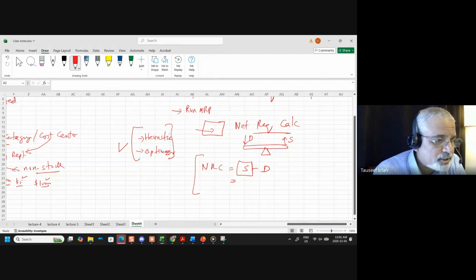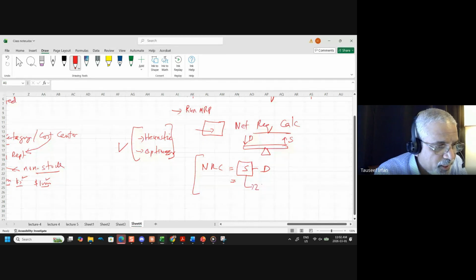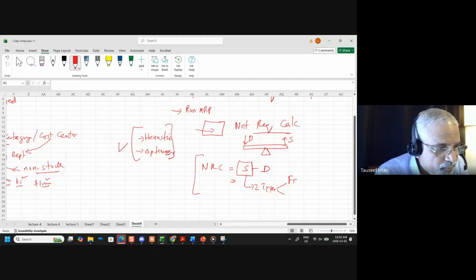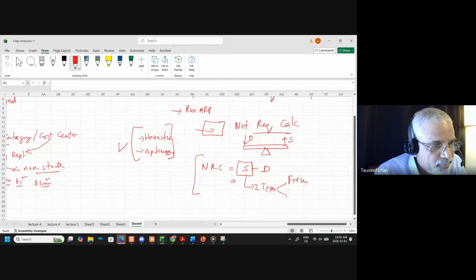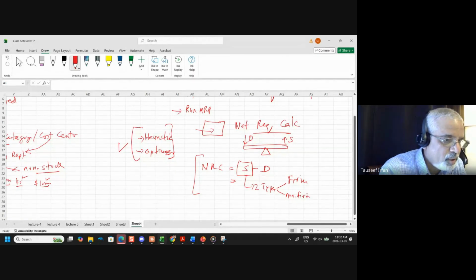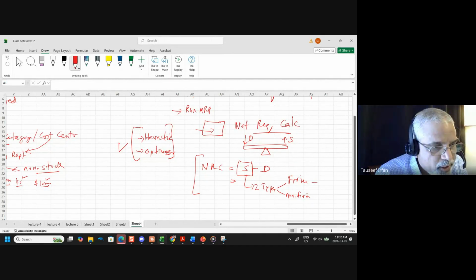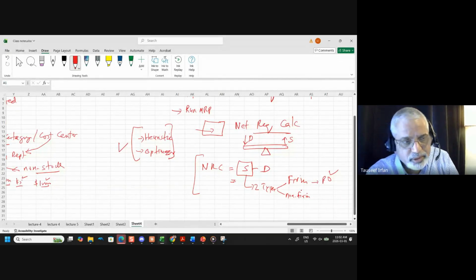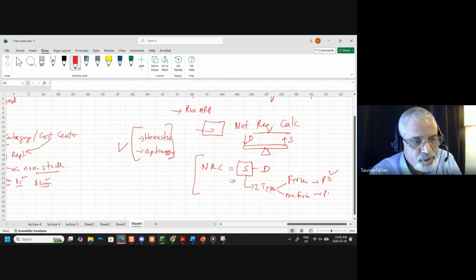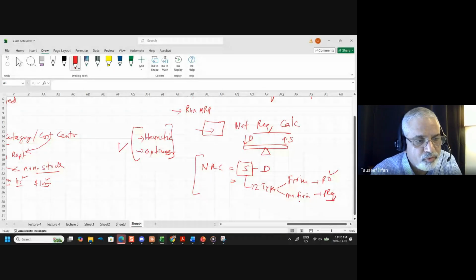So the supply is of two types. How many types? Two types: firm and non-firm. Agree? If it is a purchase order issued to the supplier, it is a firm supply. It's coming. If it is a purchase requisition, it is not firm.